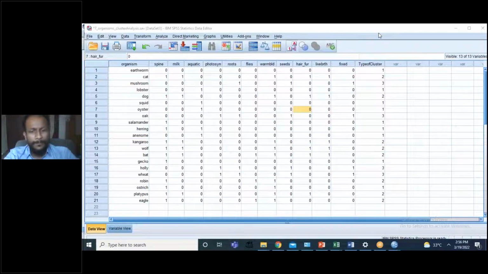Sir, one more, sir. Tell me, sir. Sir, how to define correlation, regression, simple linear regression? Sir, actually, how to solve the issues in SPSS?